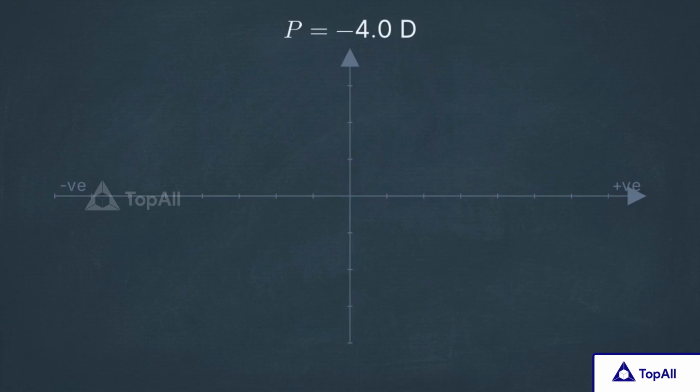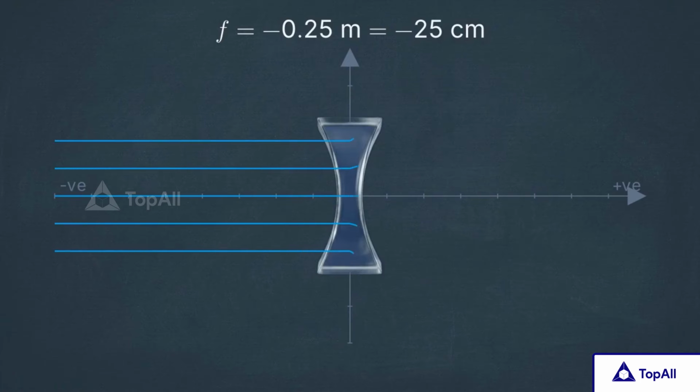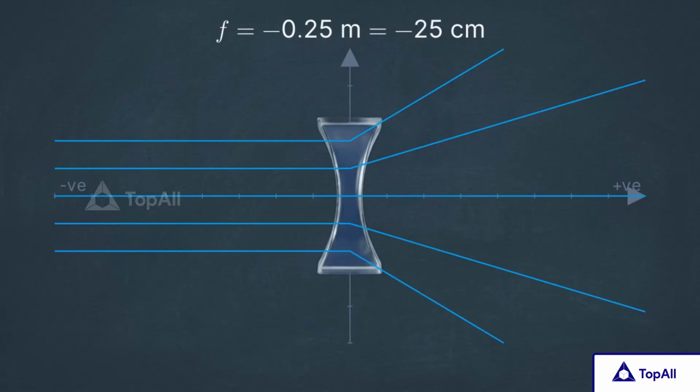Conversely, a prescription of minus 4.0 diopters yields a focal length of minus 0.25 meters. Here, the Cartesian sign convention dictates that the negative value requires a concave lens, which diverges light. A negative focal length means the light rays never actually meet on the right side of the lens. Instead, they spread out, appearing to originate from a virtual focal point located 25 centimeters behind the glass.